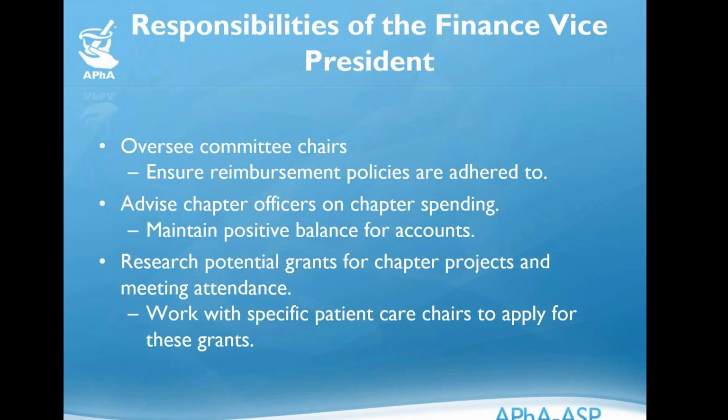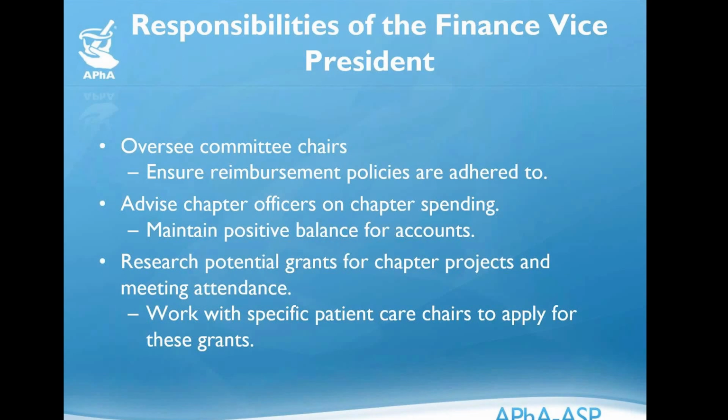So sometimes you may have to have difficult conversations with them about how much they're spending or how they're spending, but because it is your responsibility ultimately to make sure that the chapter is in good fiscal health and you have a positive balance in all of your accounts, it is your responsibility to have those sometimes difficult conversations with your fellow executive committee members to make sure that they are being responsible as well.